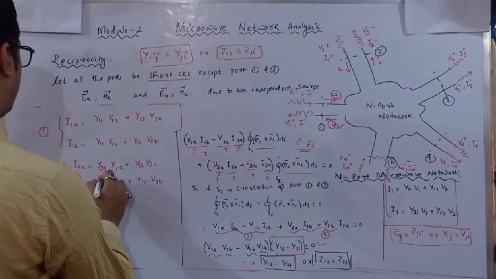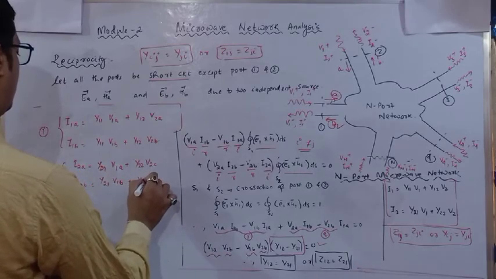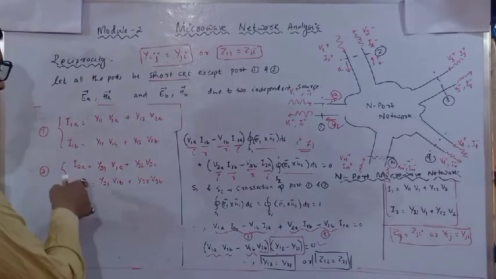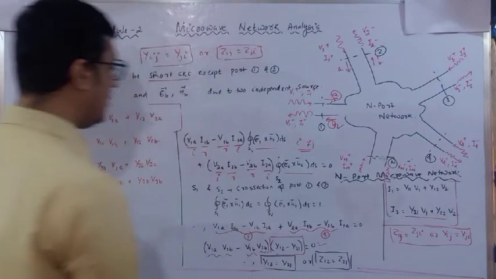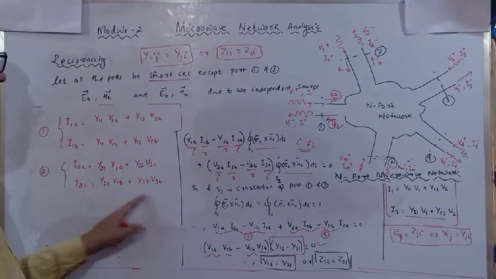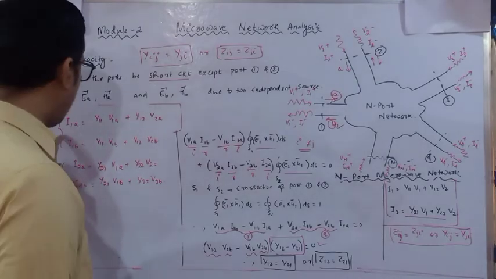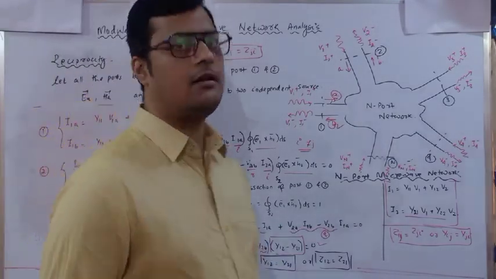So this is Y21 and this is Y22. Make the correction, because here I have substituted the same value. When you are substituting A, substitute A. When you are substituting B, substitute B. Substitute all these known parameters in this equation and then solve it. You will get the answer.